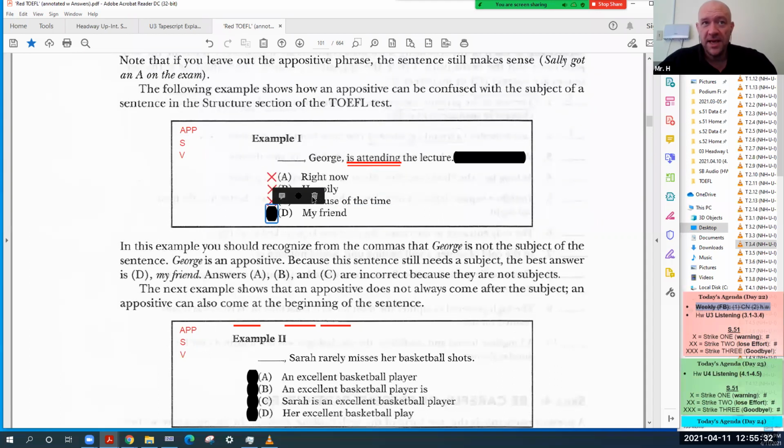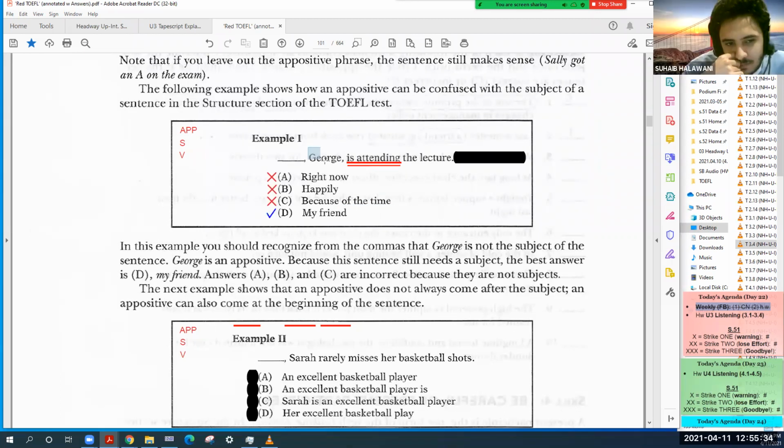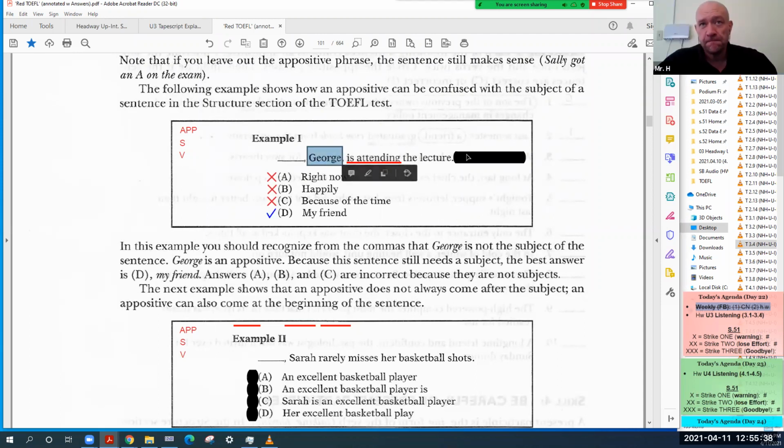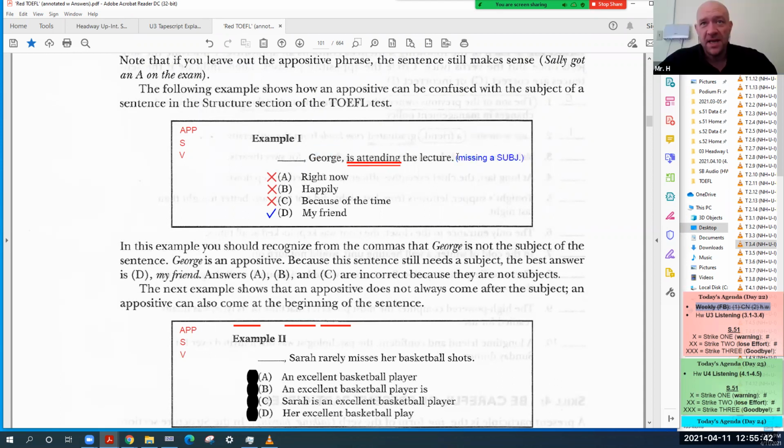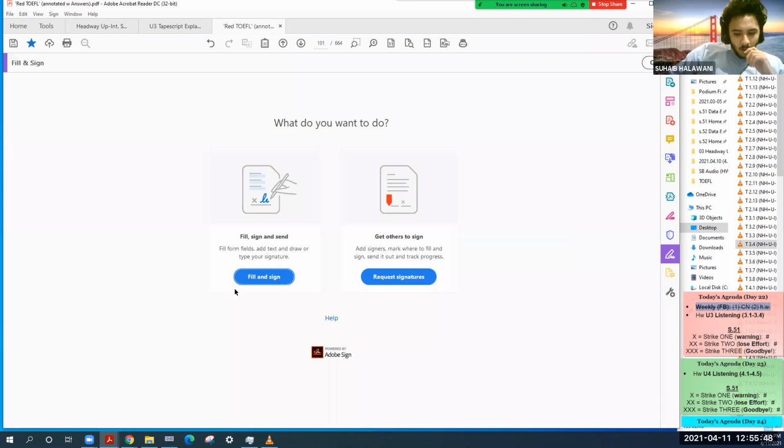Delta is the answer. Subject. What is this in the middle between the commas? An appositive, right? So what is missing in this example here? The subject. So what is the formula in this example?